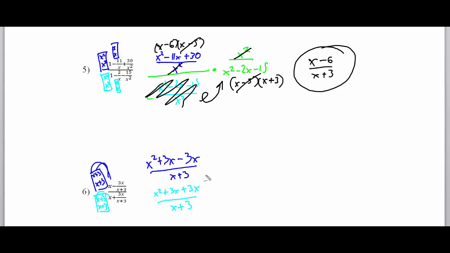Doing a little bit of simplification work and the skip flip multiply step in the same stroke. This numerator here on level 1 is going to be x squared over x plus 3. I'm going to then skip flip multiply this upstairs so that x plus 3 is now in the numerator, and my denominator here is x squared plus 6x.